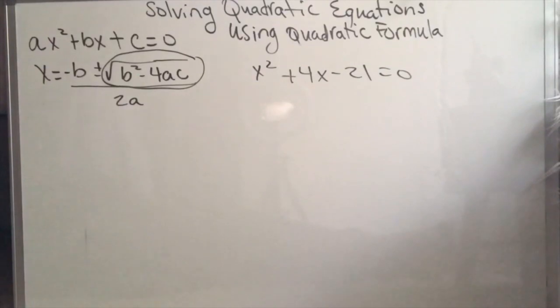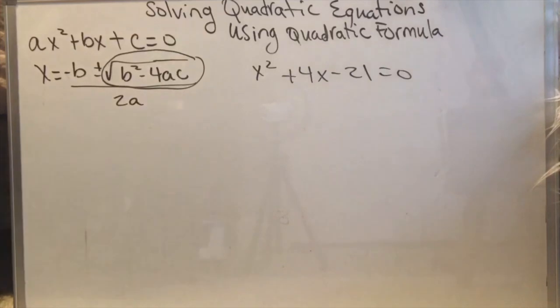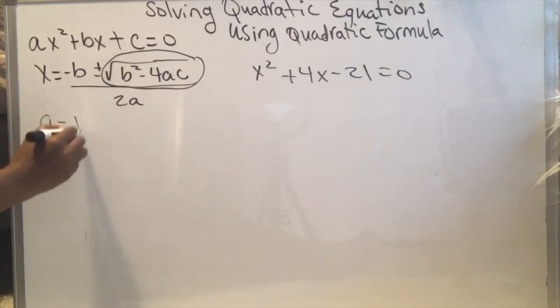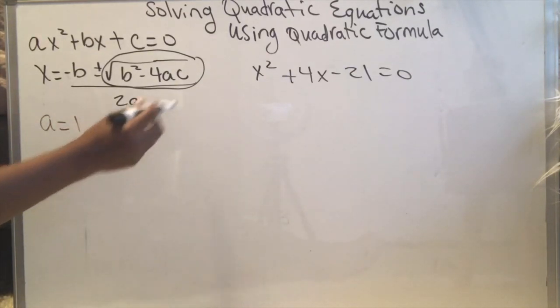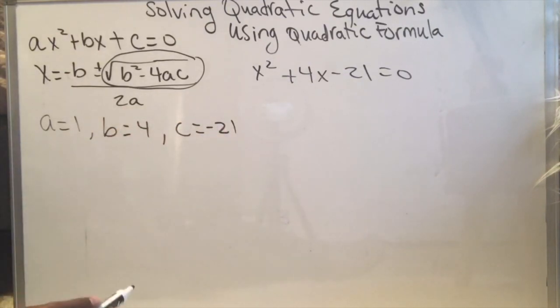Okay, so the second problem is x squared minus 4x minus 21 equals 0. So what we will do now is write our a equals 1, our b equals negative 4, and our c equals negative 21.